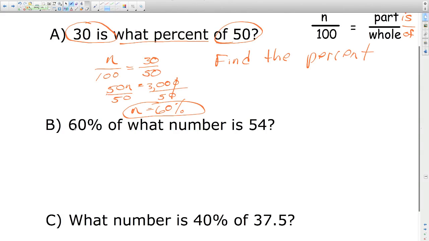Problem B says 60% of what number is 54? We still have the proportion visible here, n over 100 is equal to the part over the whole, or is over of. The percent, the number with the percent sign, always goes over 100.